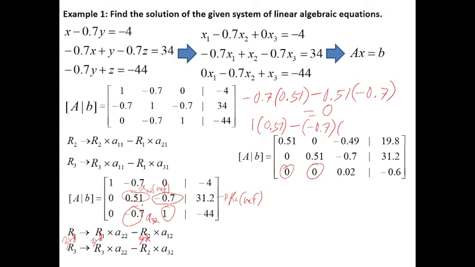Ito, yung A32, negative 0.7. So, anong sagot natin? Kung gamitin ko yung calculator. 0.02. Ayun, nakuha siya, 0.02. Okay? So, nakuha yan.